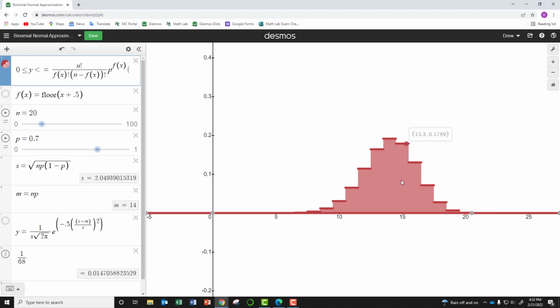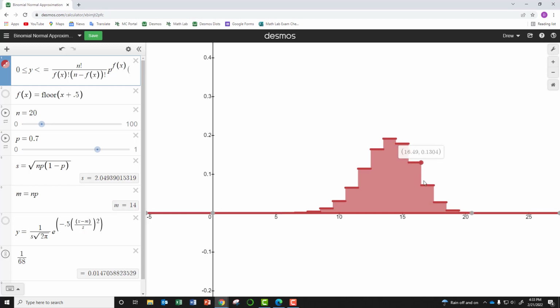And it turns out that the highest probability is that you'll make 14 free throws, right? With a probability of 19.16%. And so that's why 14 is the mode of this distribution. And we also found that 14 was the mean and the median as well.